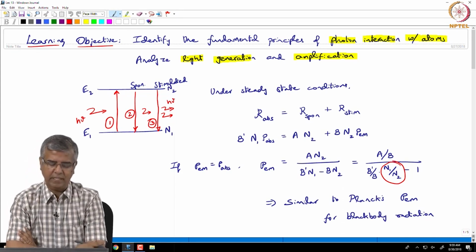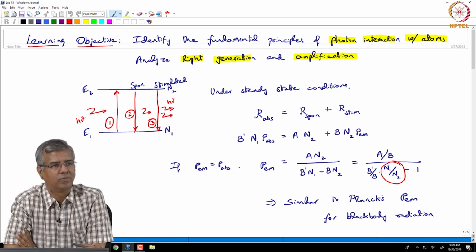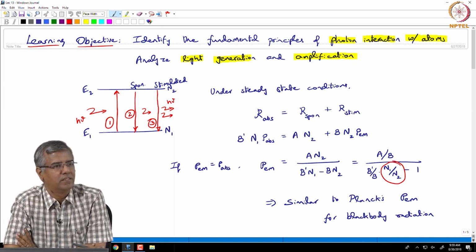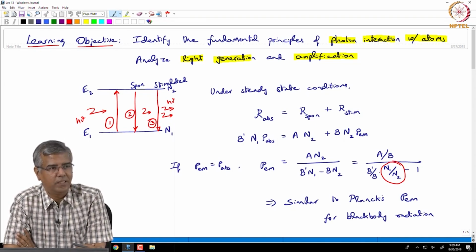an elementary atomic system consisting of two energy levels, wherein we were tracking three different processes. You could have absorption, and then with the absorption process you are taking an atom to an excited state.